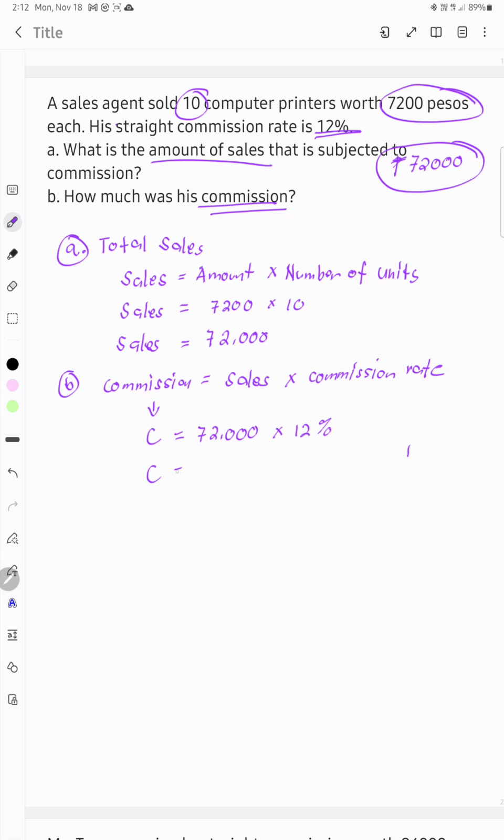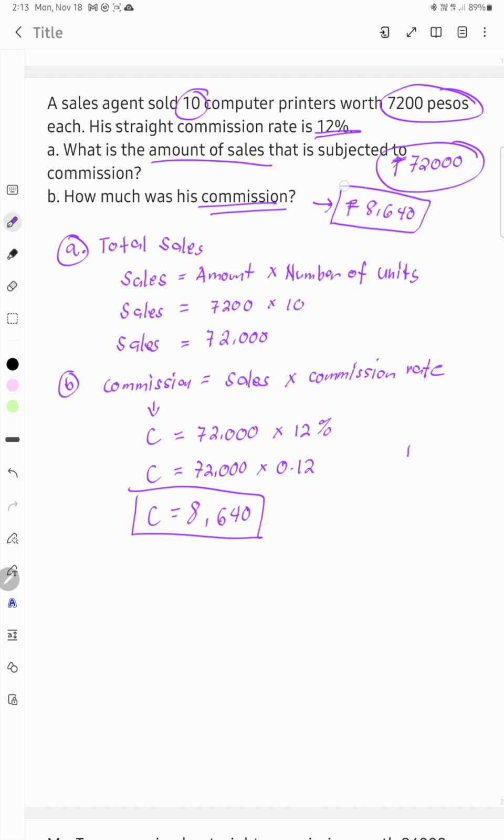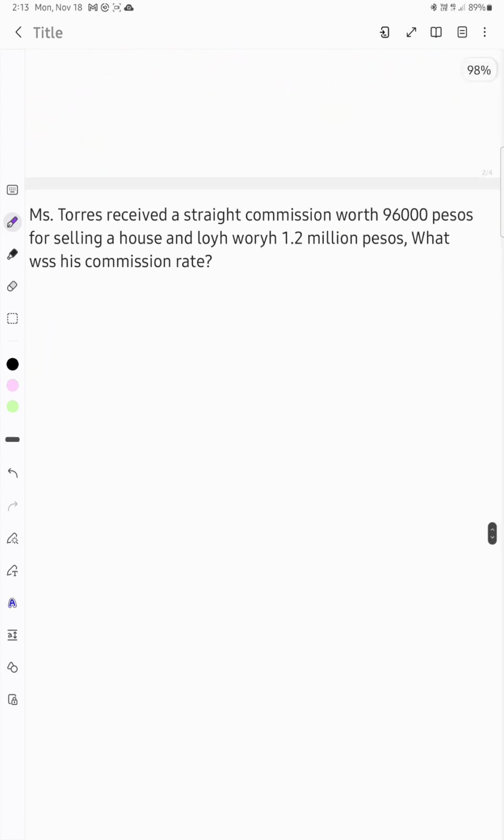Converting 12% to a decimal, we get 0.12. Calculating that, the commission amount is 8,640 pesos. So the commission that the sales agent got is 8,640 pesos. Some kind of big money. Okay.